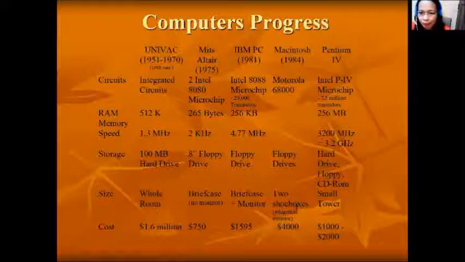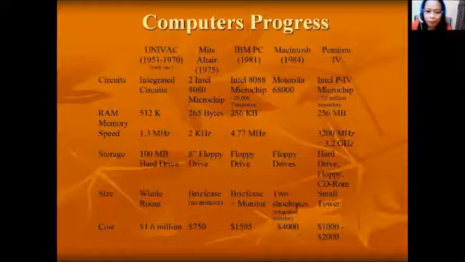IBM PC has a RAM of 256 kilobytes and the Pentium 4 256 MB. Okay, and then we also have the storage. So storage, we have the hard drive for the Univac, the floppy drive for the MITS Altair, IBM PC, and the Macintosh, while the Pentium 4, this time they have the hard drive, they have the floppy, they have the CD-ROM.